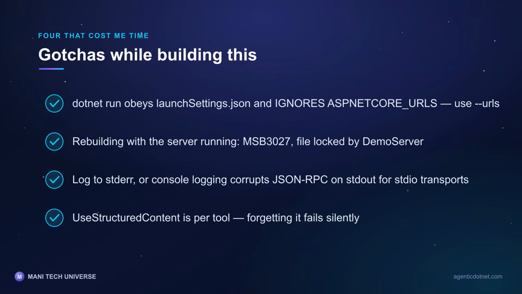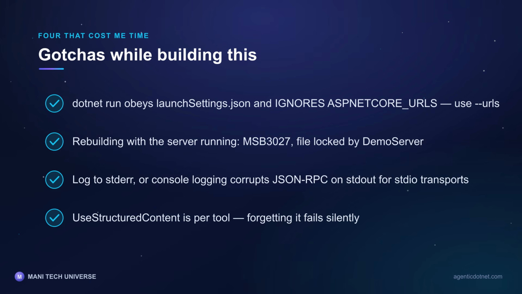Four practical things that cost me time building this, so they don't cost you any. 1. dotnet run obeys launchSettings.json and ignores the ASPNETCORE_URLS environment variable, so your server will not be on the port you think it is. Pass --urls explicitly. 2. If you rebuild while the server is running, you get MSB3027, file locked.